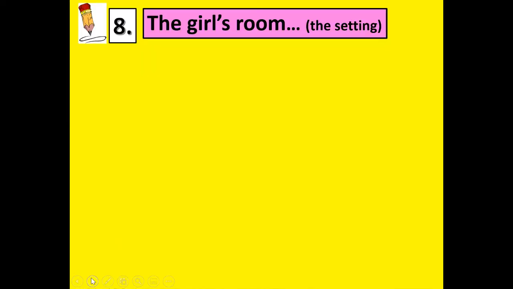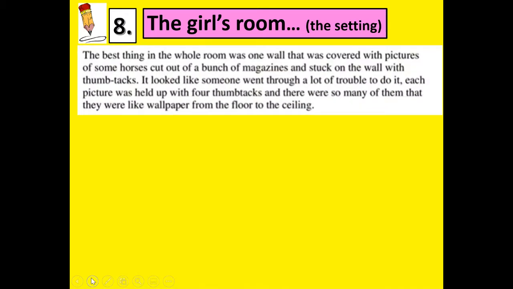Number 8, the girl's room. The girl who kicked the bucket. The girl's room, the setting. So, Bud goes into detail about what the girl's room looked like. And this is again the setting for chapter 15.